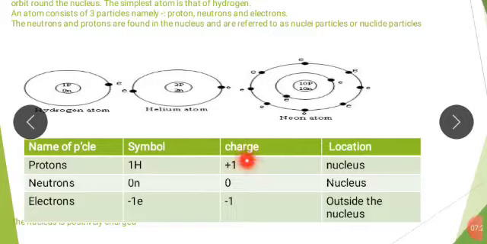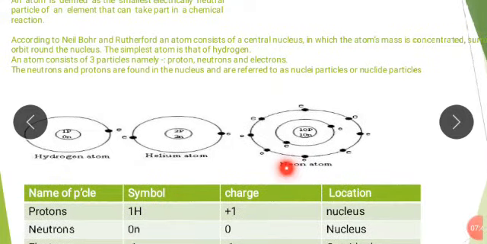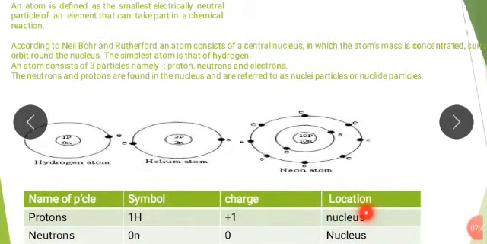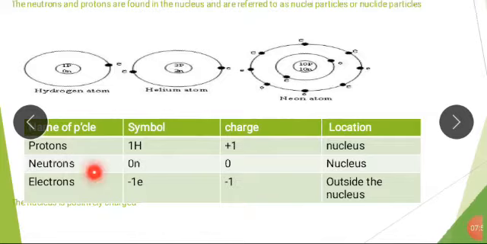What about the neutrons? The neutrons carry no charge. You can see that the charge here is 0. And they are found also in the nucleus of an atom. What about the electrons? The electrons carry a negative charge, and they are found outside the nucleus of an atom.